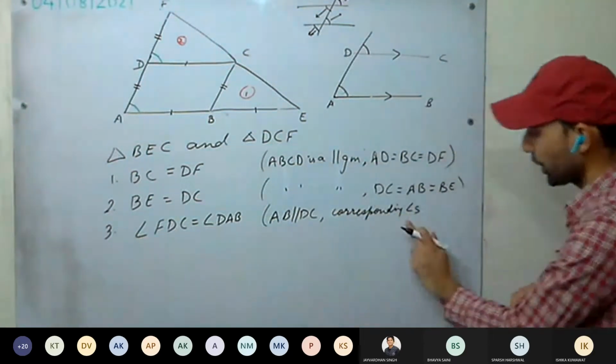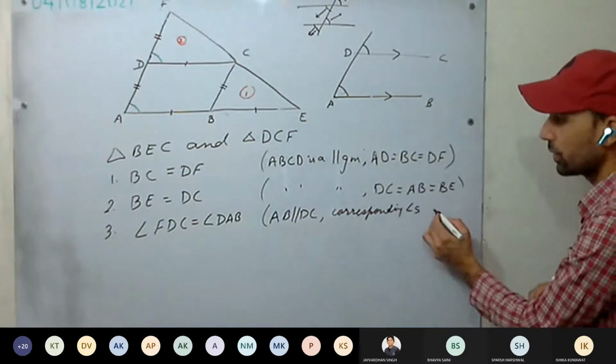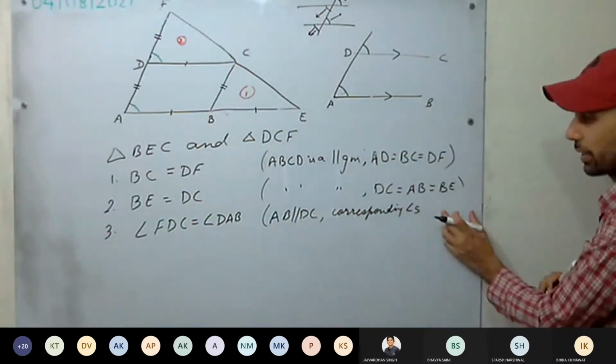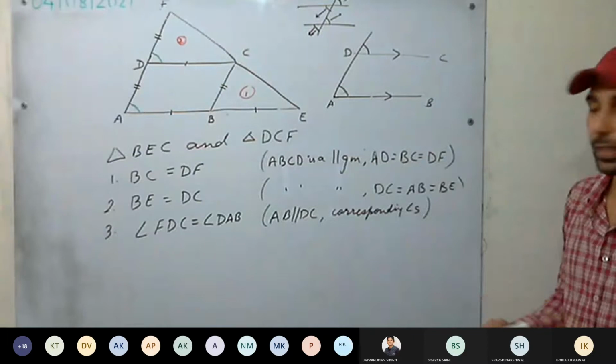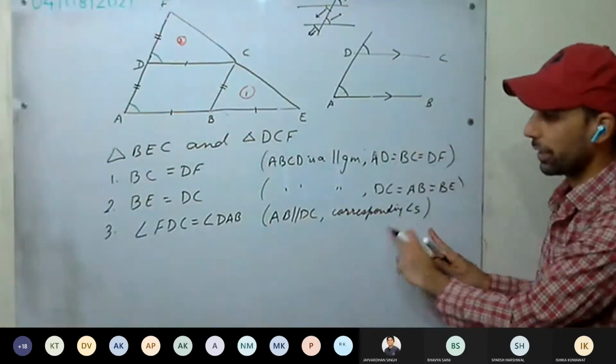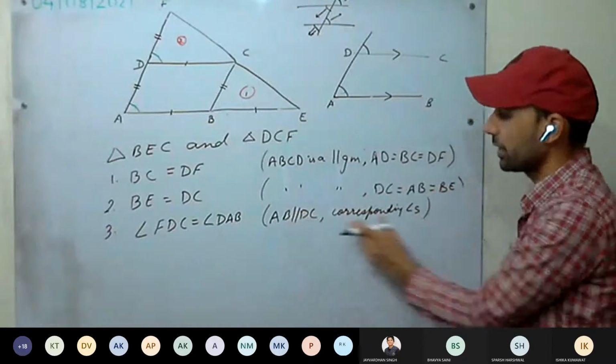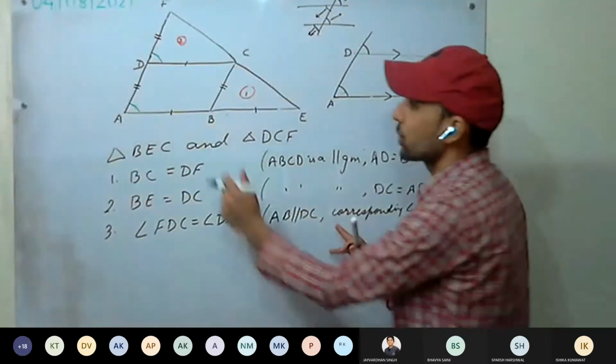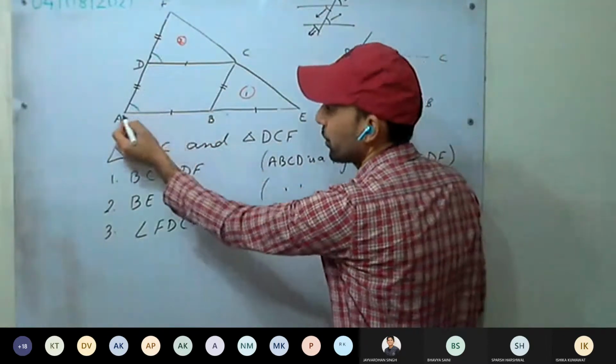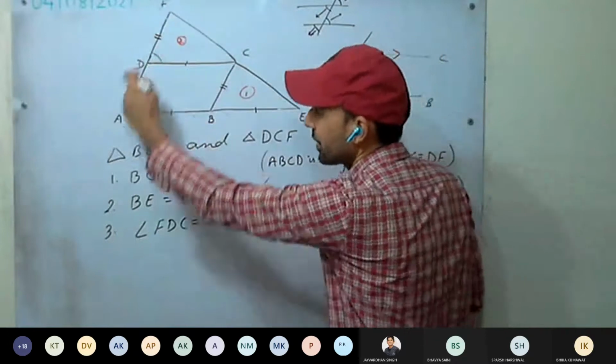Or you can write corresponding angles as AB parallel to DC. That's up to you. Either you can write these two are parallel, therefore corresponding angles, or you can write corresponding angles first, then these two lines are parallel. Okay, understood? So this angle equal to this angle because these two lines are parallel and the third line is cutting.